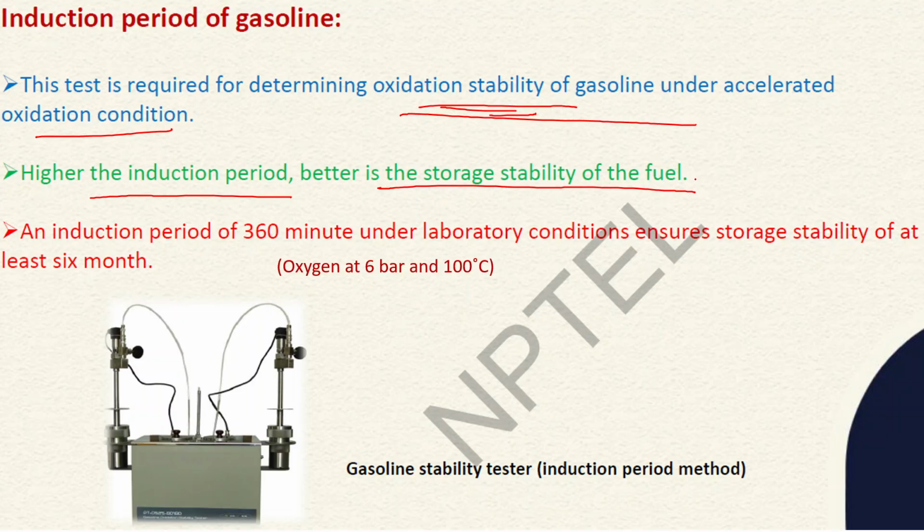So what happens is, this is the gasoline stability tester. In this machine, gasoline is taken and heated, and oxygen is introduced along with the gasoline. High pressure oxygen at 6 bar and 100 degrees C is introduced into the gasoline chamber, and we will see the increase in pressure when the hot oxygen is present with the gasoline in this bomb.